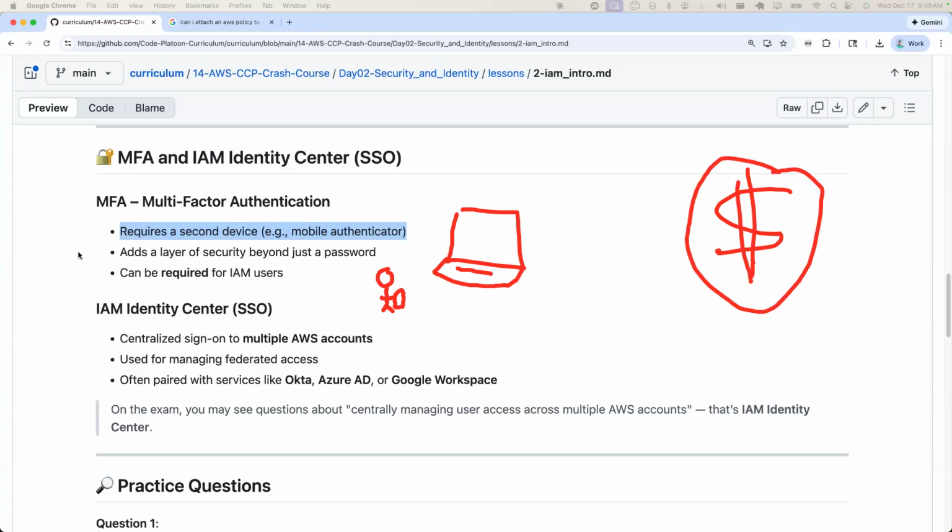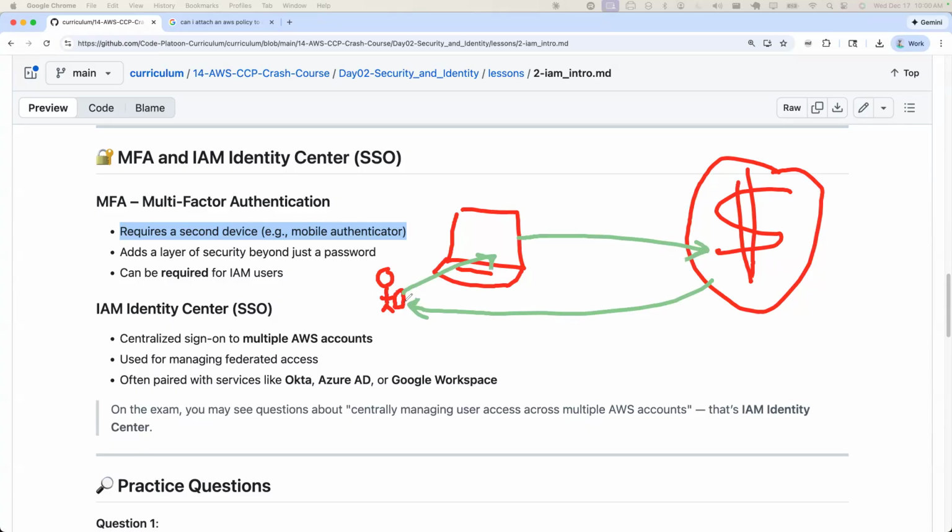The bank wants to make sure that the person talking to it from the laptop really is me. So if the bank knows that the person typing in the password on the computer is the same person that just received the code on their phone, they've gotten multi-factor authentication.